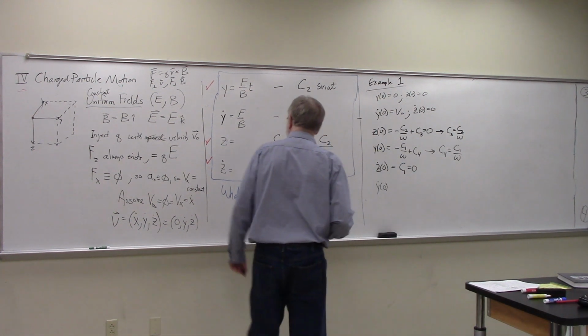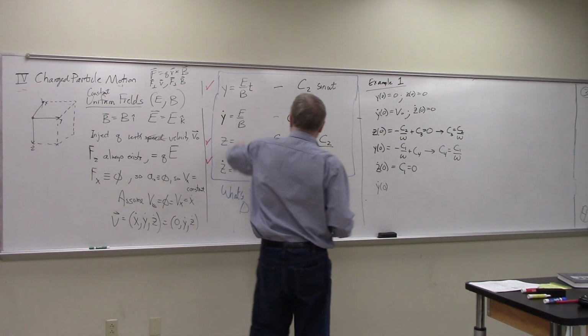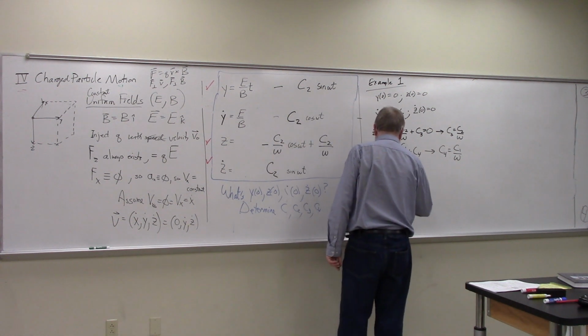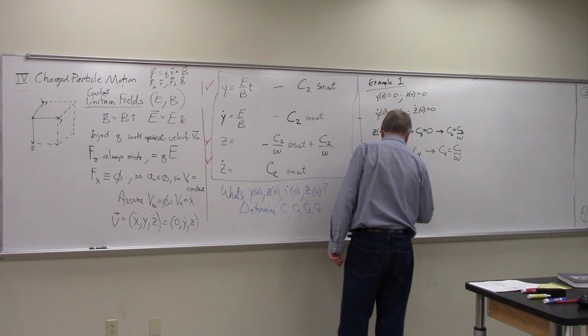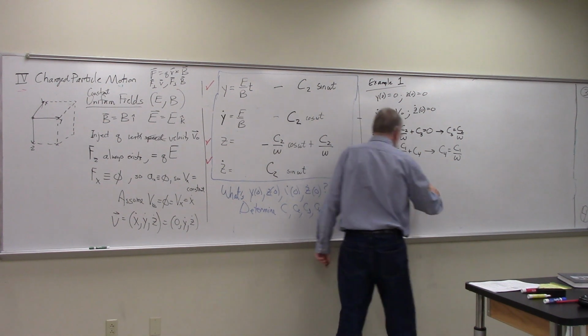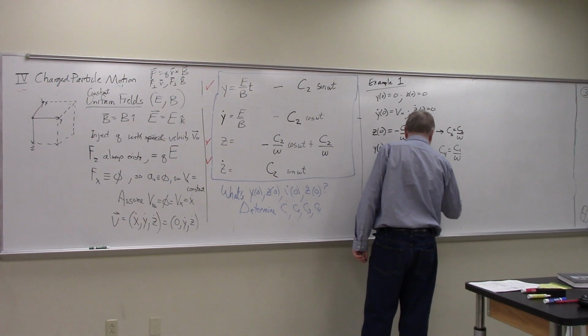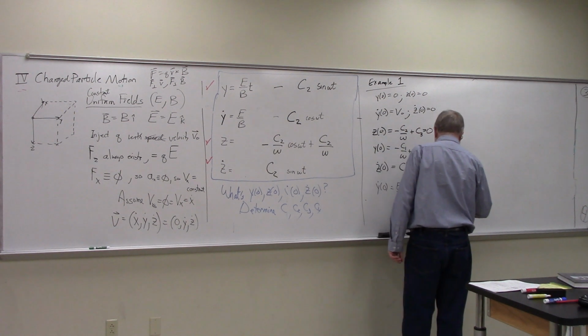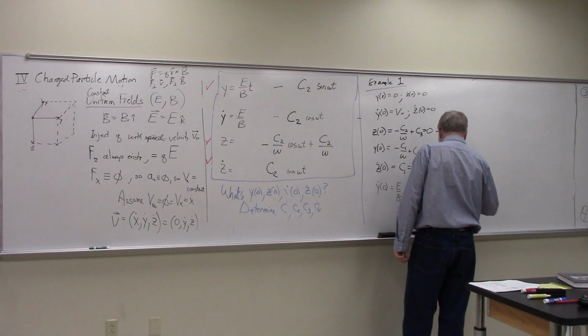Y dot of 0, according to this, is E over B minus C2. And y dot of 0 is our starting speed. That means that C2 has to be E over B minus V0.